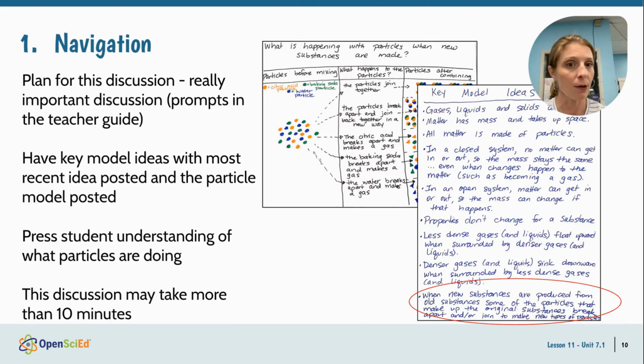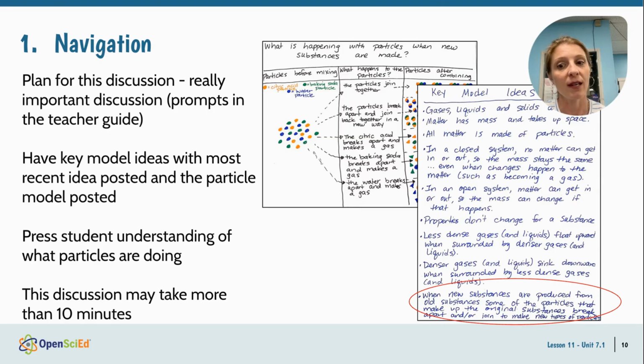So what are particles doing when we have pretty much a physical change, but we're not going to use those words, versus what are particles doing when we have a chemical reaction? Again, we're not using those words yet, but we want to press our students to get to those ideas. We're going to update our key model idea at the very end of the circle based on what we think particles of water are doing when we run electricity from a battery through water.